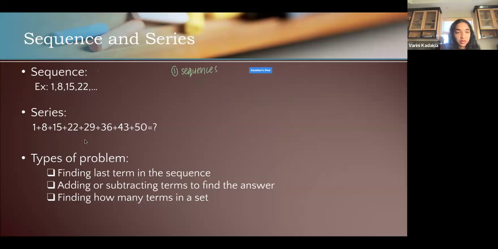Oh, the ratio part. Okay. Does everyone understand what a series is? I'll go over the formulas again. I just want to make sure everyone understands the definitions before.